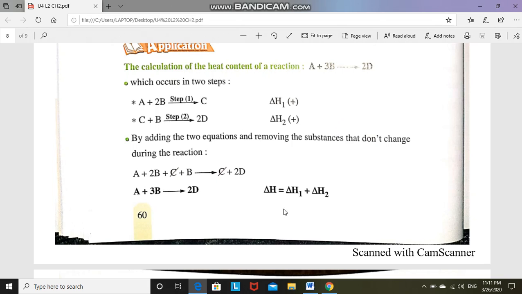When we add the two equations, A plus 2B plus C plus B, the first side has all the reactants, and the other side has C plus 2D, the two products. From the two sides, we neglect C. At the end, we have A plus 2B plus B, forming 3B, forming 2D. So delta H equals delta H1 plus delta H2.